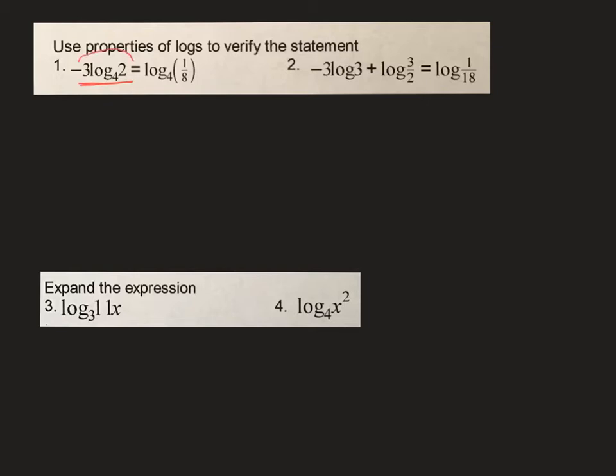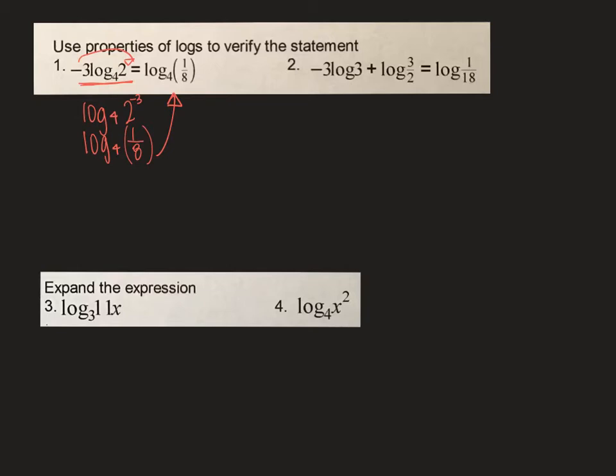So I'm going to bring that back with the 2 and rewrite that as log base 4 of 2 to the negative third. And then 2 to the negative third is 1 over 8, which is what we had on the right side. So those two are equal logarithms.